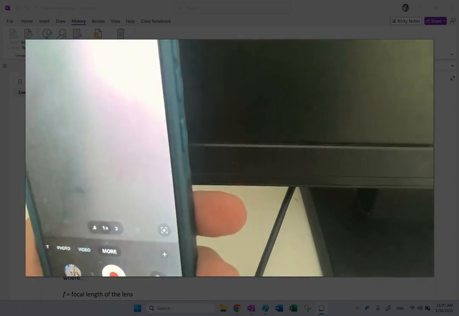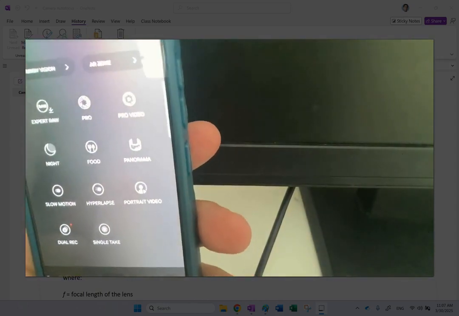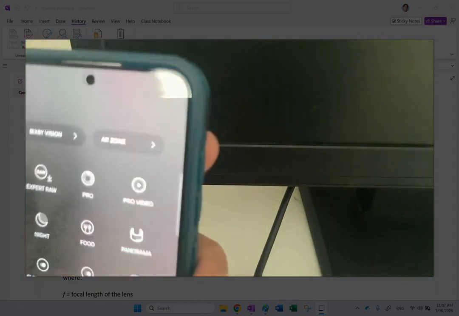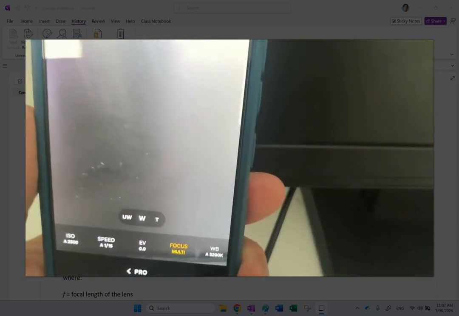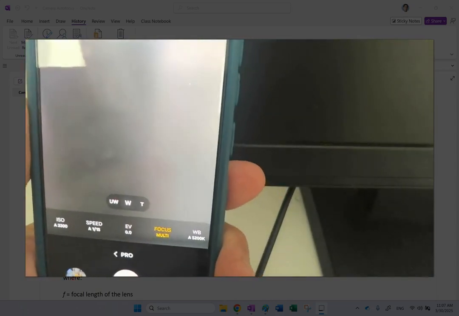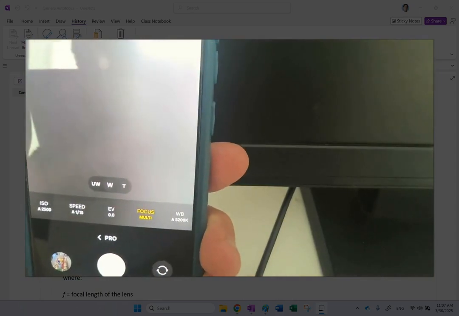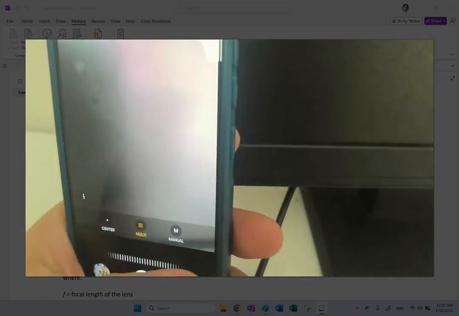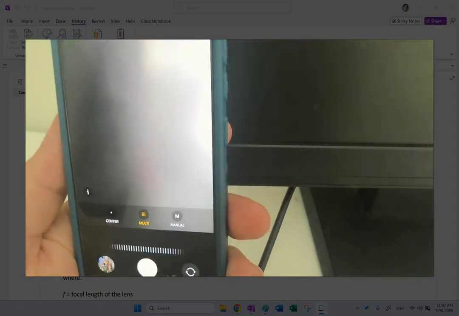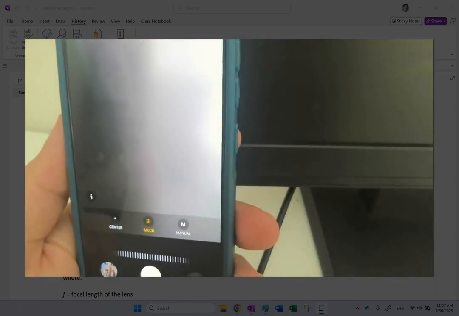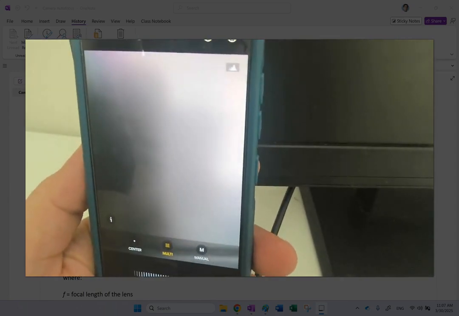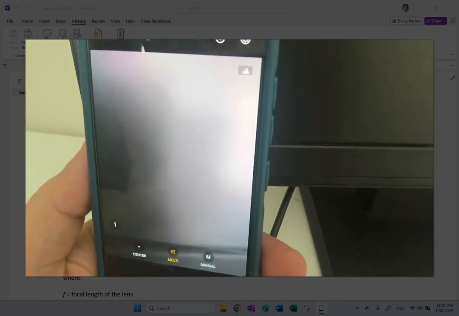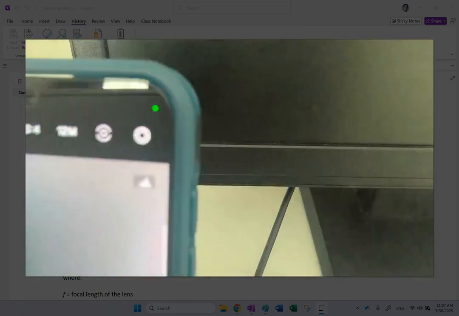If you go to More and then to Pro, the Pro video or the Pro picture is where you can set up your options for autofocus. You see you have focus, and the focus says multi because I picked several points. But if I go back, I can pick center, I can pick manual, where I manually pick it, or I can do multi, and the multi is going to pick several points.